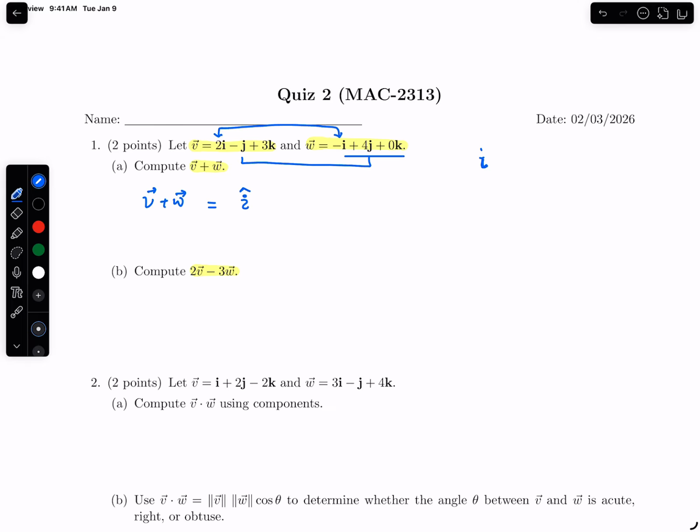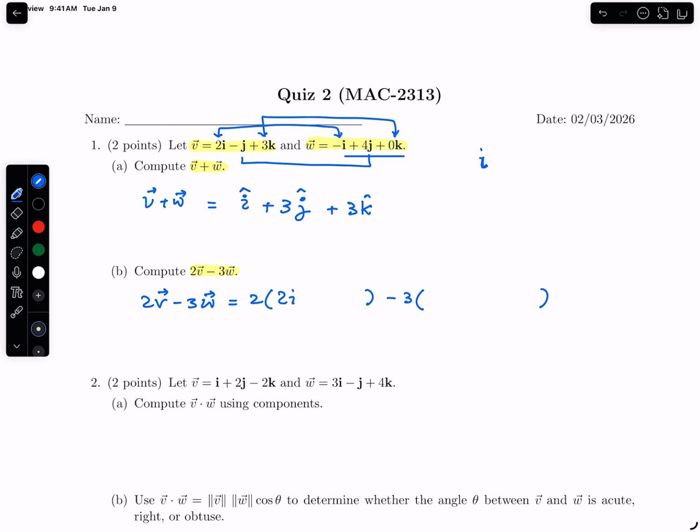And the second one is negative j plus 4j, which becomes 3j hat. And the last one is 3k plus 0k, which is 3k.